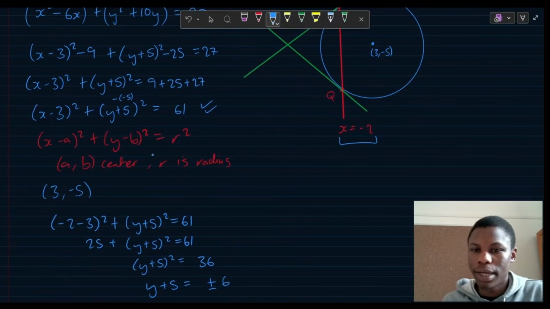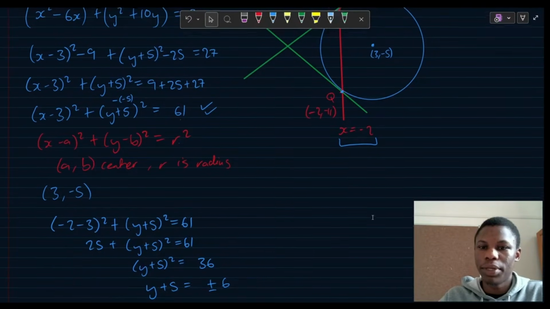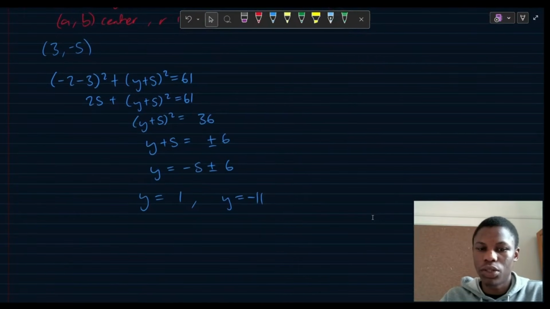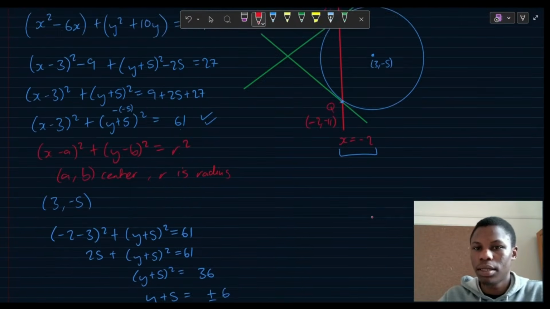Okay, so that must mean Q is the one that is -11, because that's the one at the bottom. So Q has coordinates -2, -11, and then P would have -2, and y is 1.